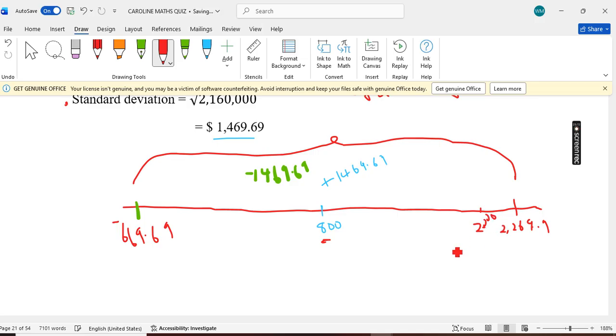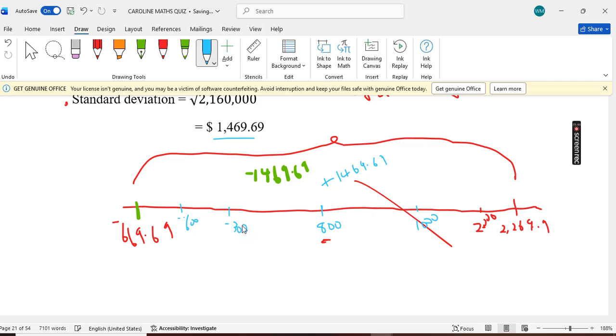The next year you invest, you might not even make a profit, you might make a loss of, let's say, negative $600. The other year you might make a profit of $1,000. The other year you might make a loss of negative $300.